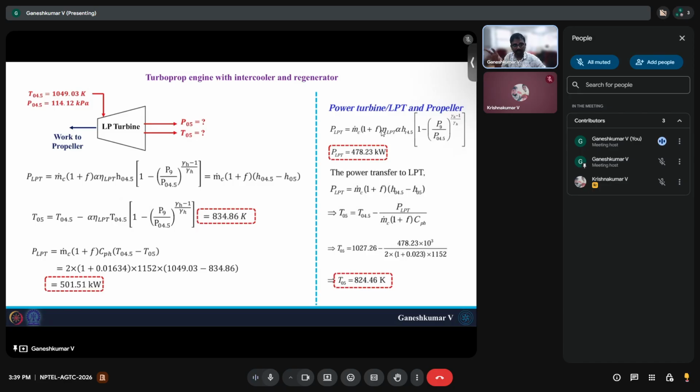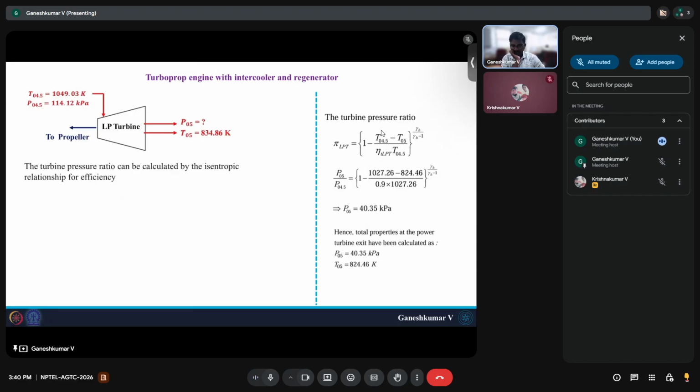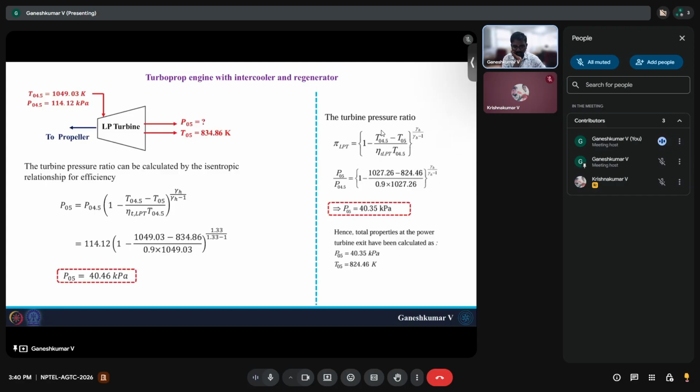We will find out what the propeller power is. Now we can also find the pressure, which is coming from the efficiency, which is around 40.46 kilopascal. So the total properties at the power turbine exit you can find to be 834.86 Kelvin and 40.46 kilopascal.